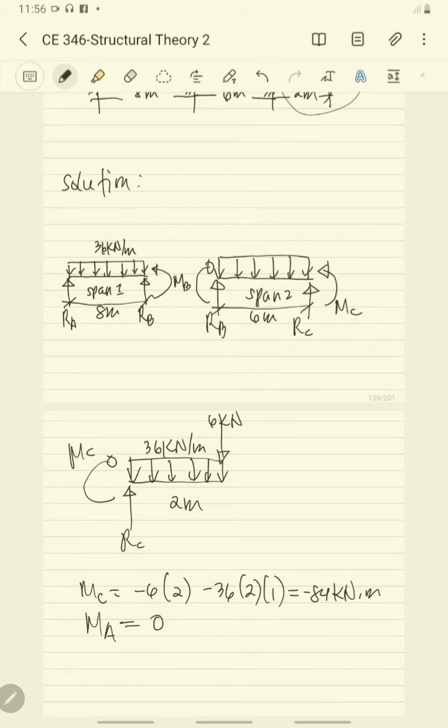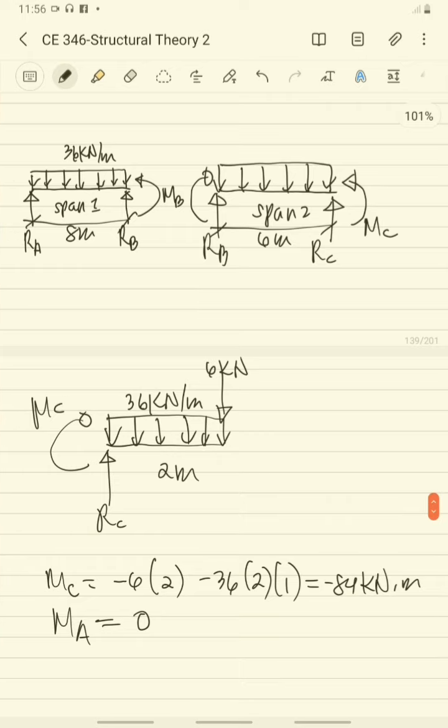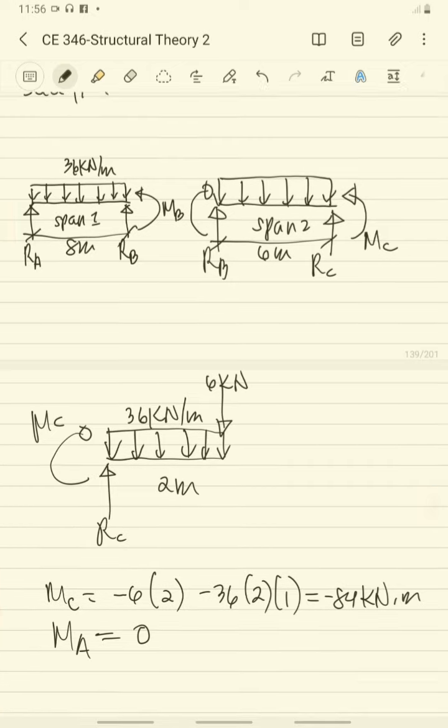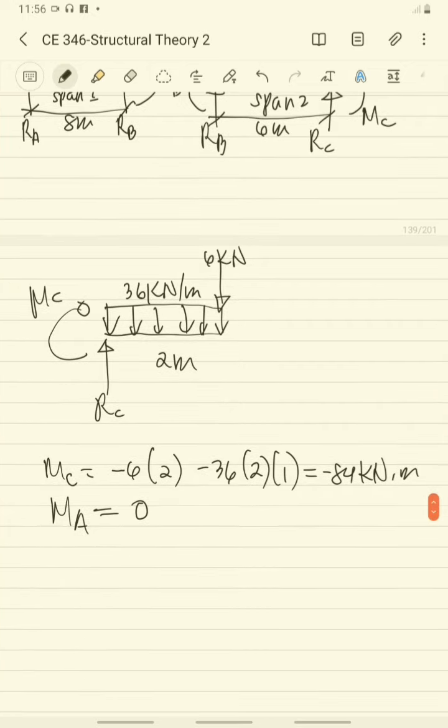Okay, so we need also to determine the 6A1 bar A1 over L1 for our span 1 and span 2, because of the formula for the three-moment equation.